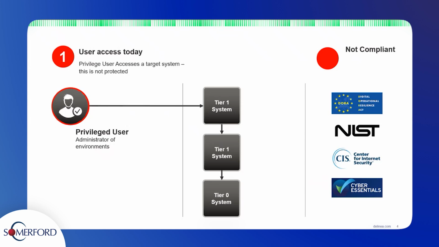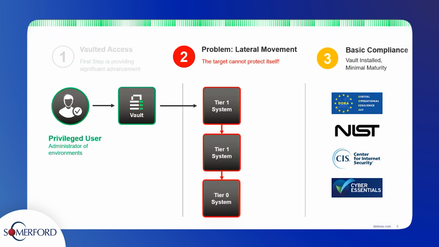And so whether you're using SSH keys, whether you're using AD, certainly protecting those critical assets, those Tier 0 servers, becomes essential. And it's easy to laterally move or remote execute. Stage one of protecting them is to use some kind of a privileged access management vaulting solution.